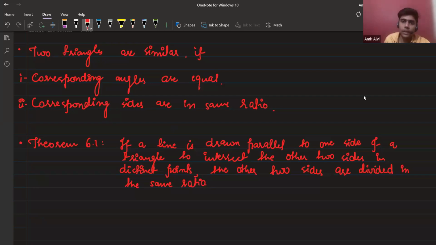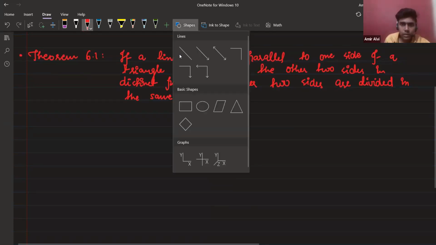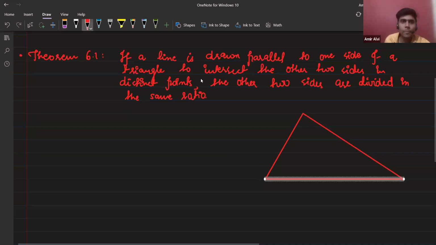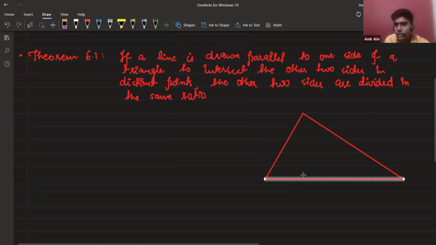Let me explain that to you. Suppose we draw one triangle here. This theorem is saying that if a line is drawn parallel to one side, suppose this is the line, I am drawing one line parallel to this side. It intersects the other two sides, so these two sides are getting intersected.